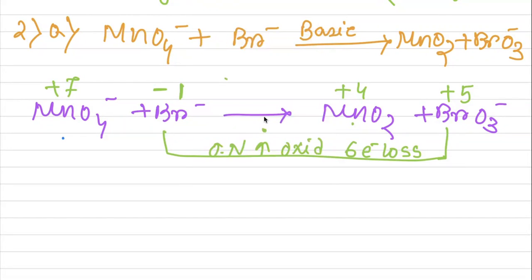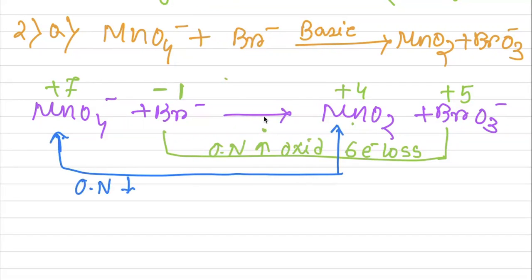Okay. And now if I consider this one, Mn, this one. So here oxidation number decreases. Oxidation number decreases means reduction. And number of electron gain will be 3 electron gain. So here is 6 electron loss. Here is 3 electron gain.